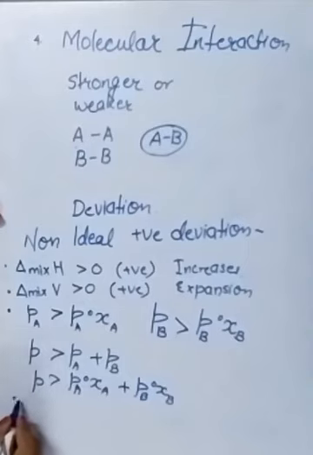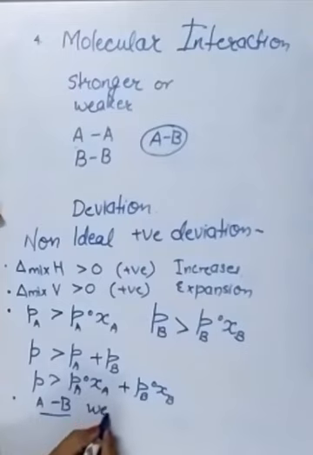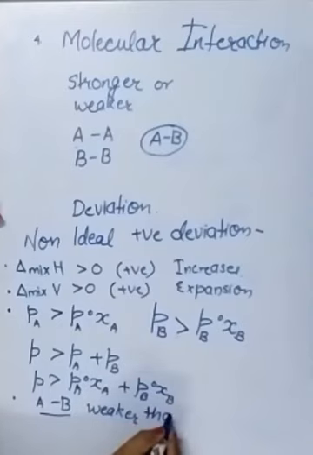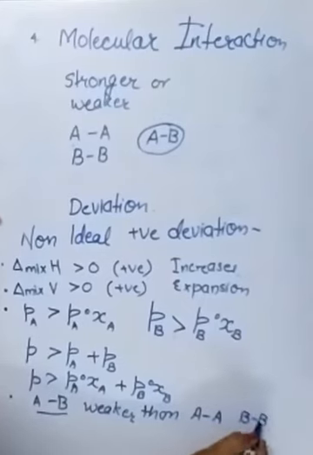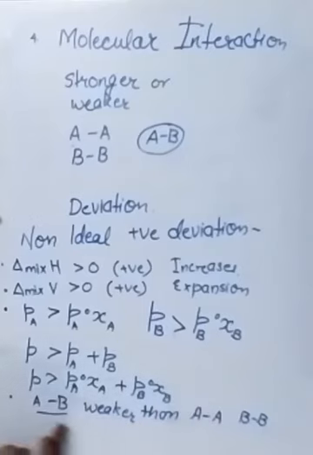So the molecular interaction AB newly formed between the two components in the solution is weaker than the force of attraction between AA and the force of attraction between BB. So we'll see interactions between solute particles and between solvent particles are stronger than the new molecular interaction formed between solute and solvent.